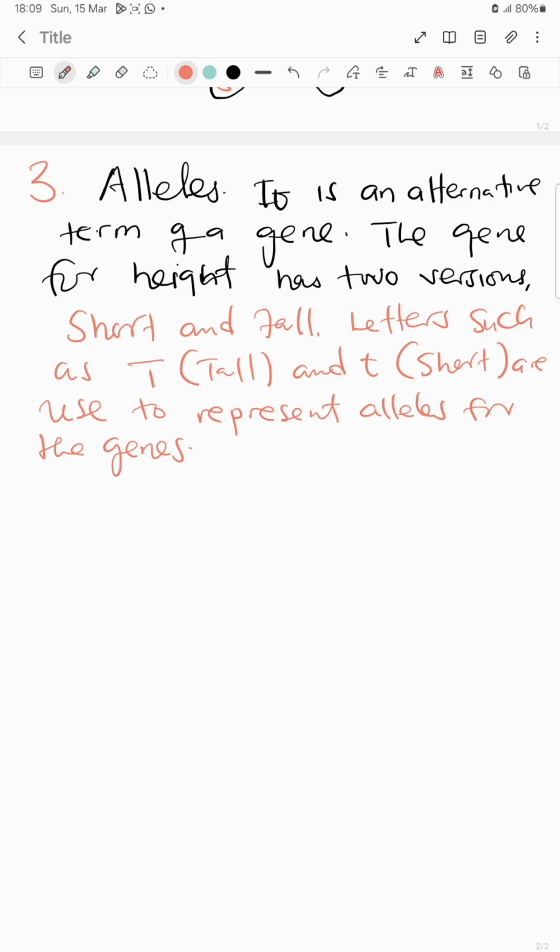So for a gene for height, the alternatives can either be short or tall. Letters such as capital letter T are used to represent tall, and small letter t represents short. These letters are used to represent alleles for the genes.